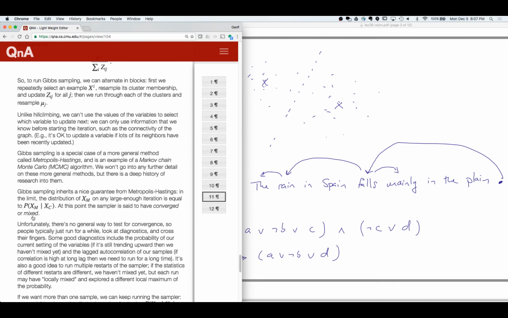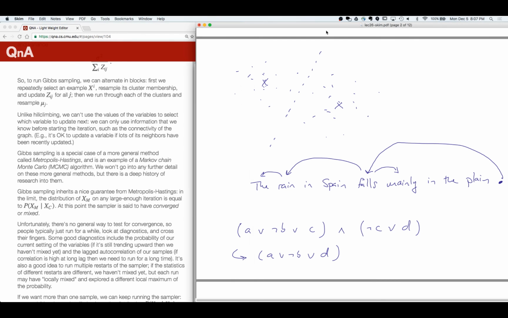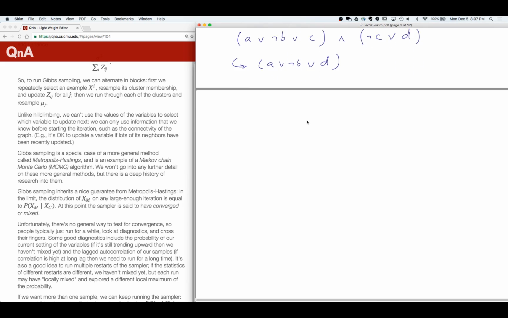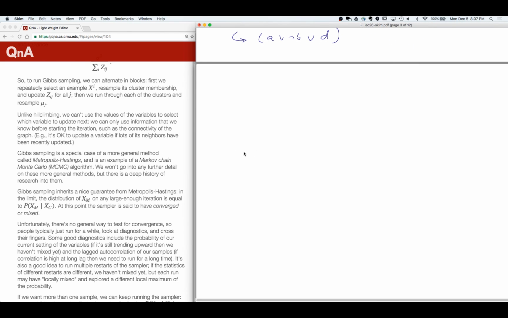One diagnostic, for example, is to make a plot of the probability of the current setting of the variables, right? So we'll graph the log probability, log p, against iteration, and we'll start at some low value and go up and down and up and down.